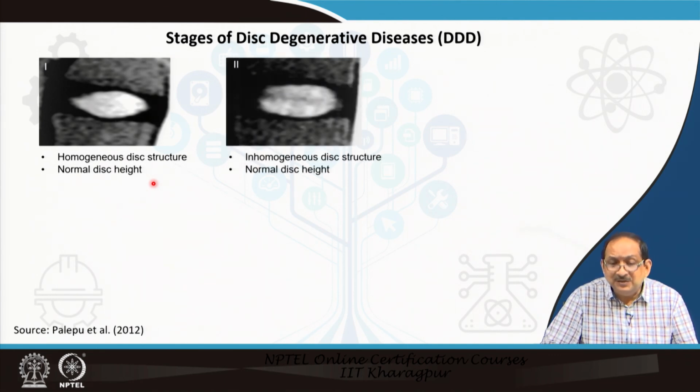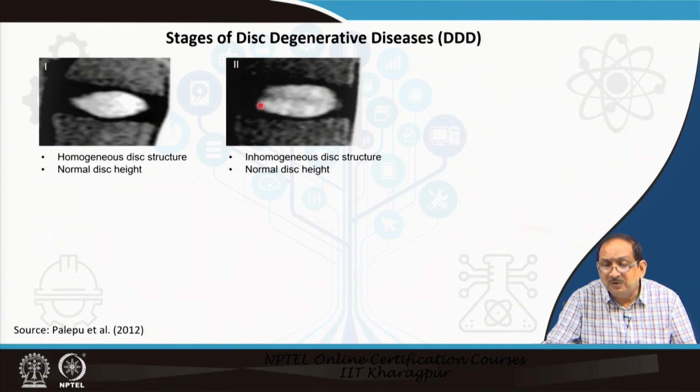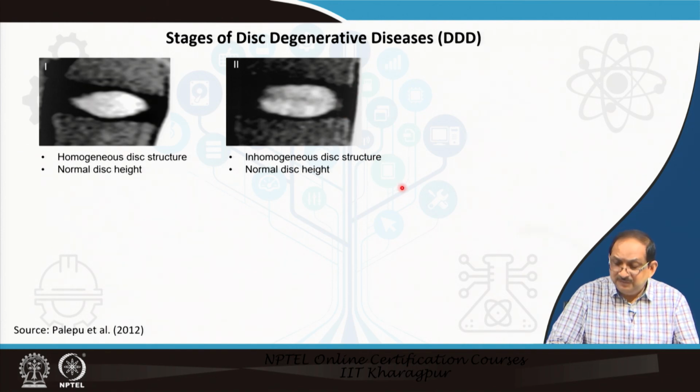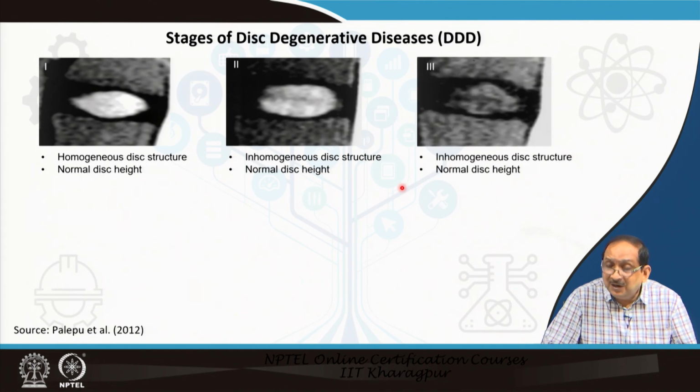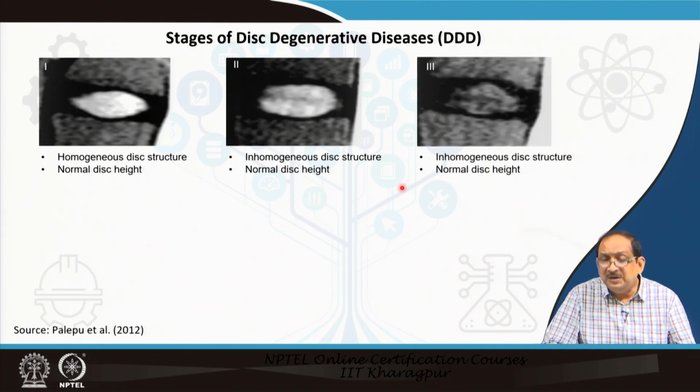In the second stage, a very important stage, an inhomogeneous disc structure is visible. The inhomogeneity sets in within the intervertebral disc. However, still the disc height is within normal limits. In the third stage, we see a complete inhomogeneous disc structure. Still, the disc height is within normal limit.